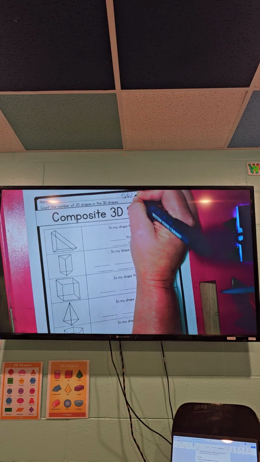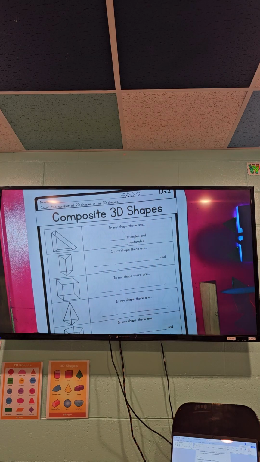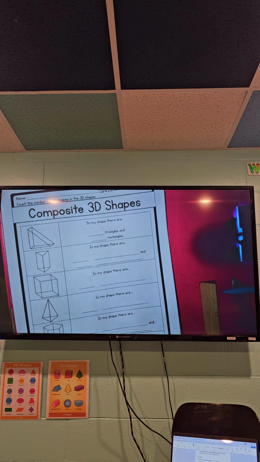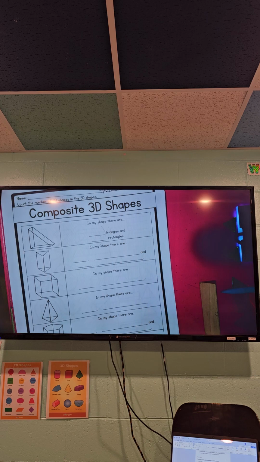The date on this one is 5/6 as well. In my shape, there are blank triangles and blank rectangles. So remember how we were counting the sides and all that good stuff?